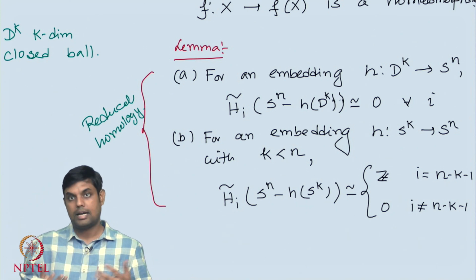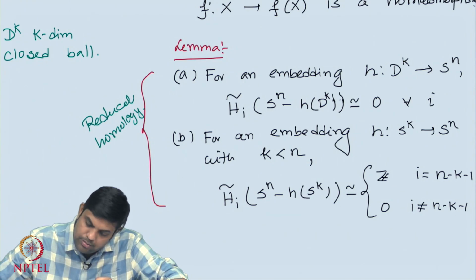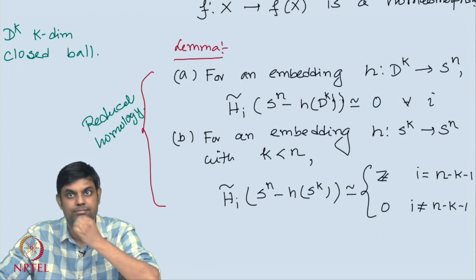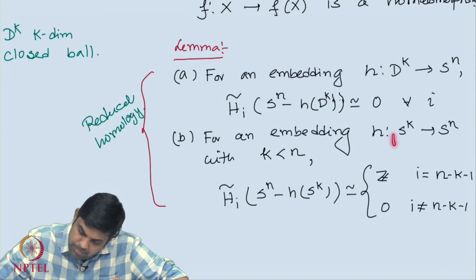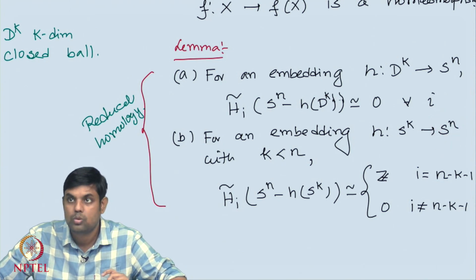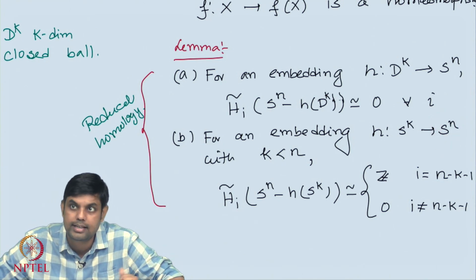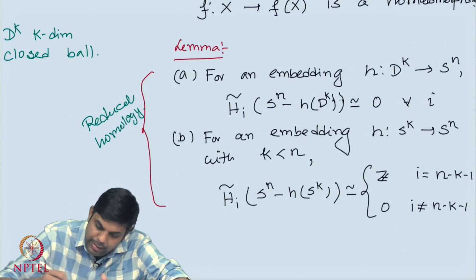The other way around, I can think of Sn as the one point compactification of Rn. And the result says that if I have a smaller dimension sphere inside a bigger dimension sphere, the only possibility where I can get a non-zero homology is when this happens. Okay. So, let us see some examples.